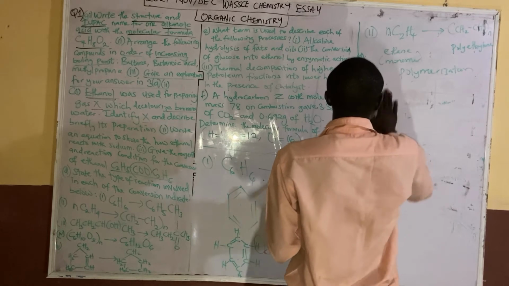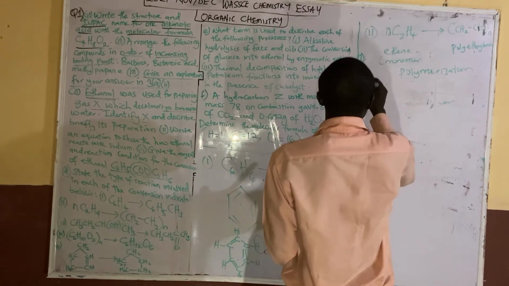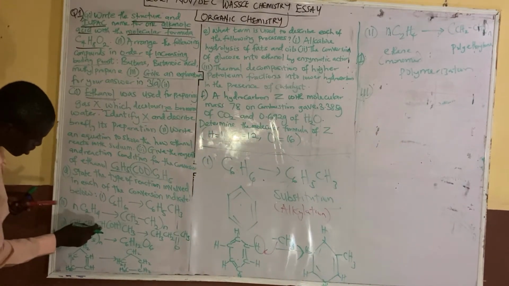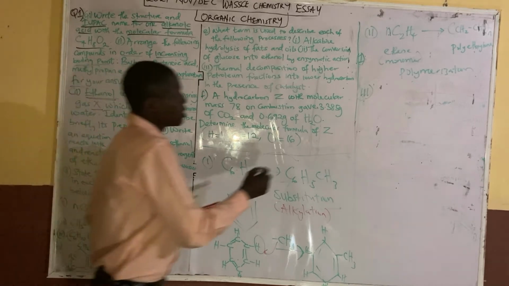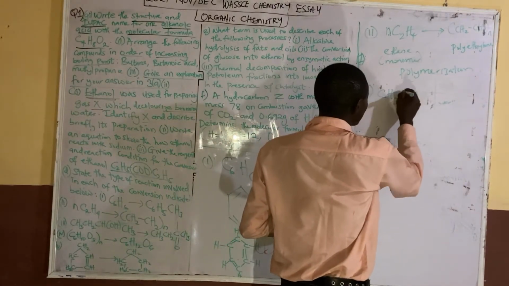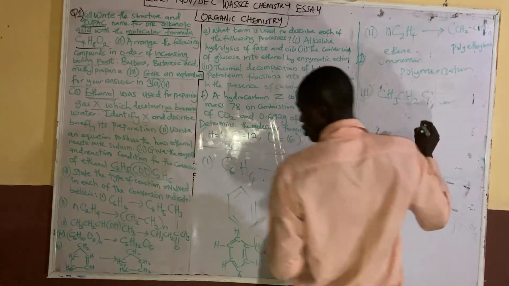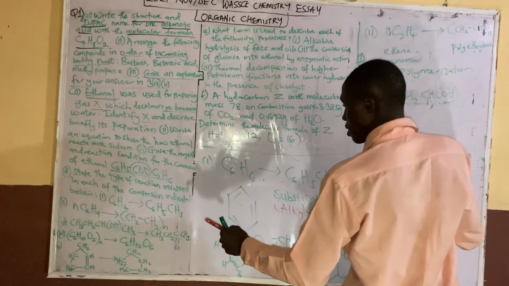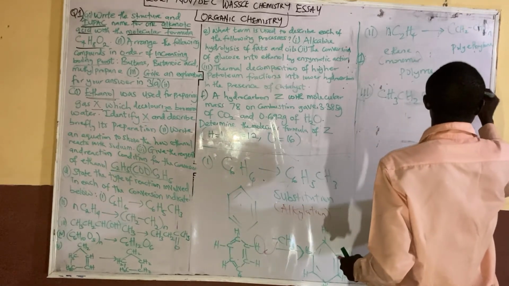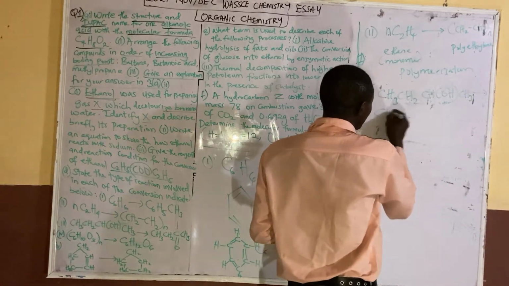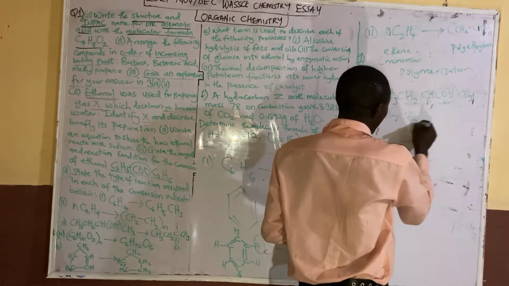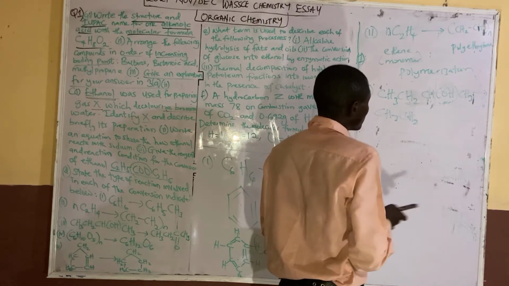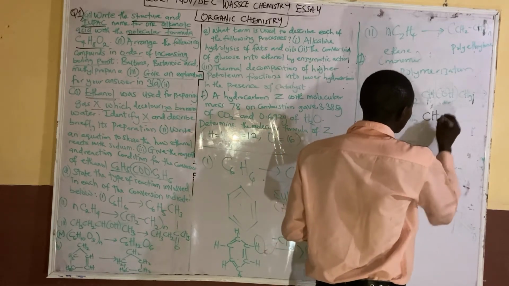CH3, CH2, CH, into bracket OH, and CH3. We come in now, CH3, CH2, now CH.